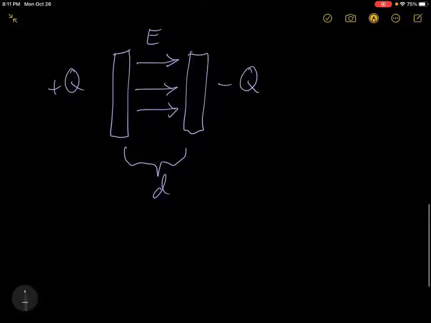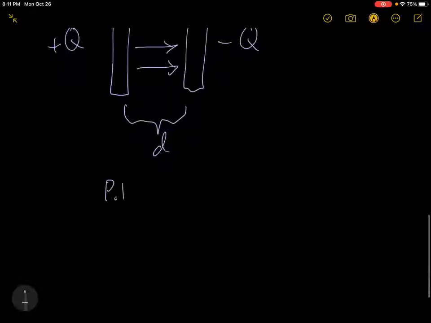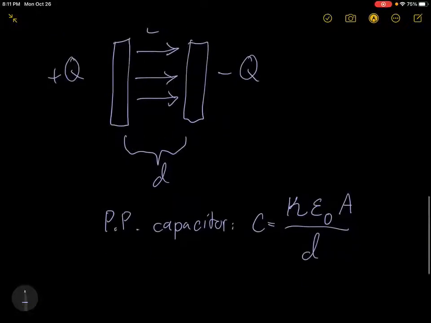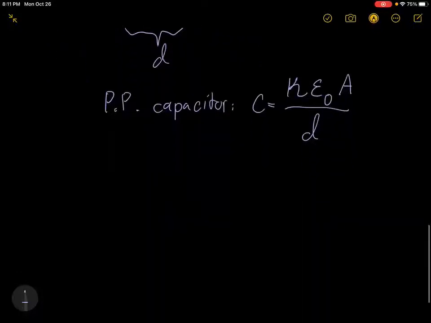So the formula for specifically a parallel plate capacitor is C equals kappa times epsilon naught times the area over d. So what do each of these quantities mean? Well, first off, kappa is known as the dielectric constant.